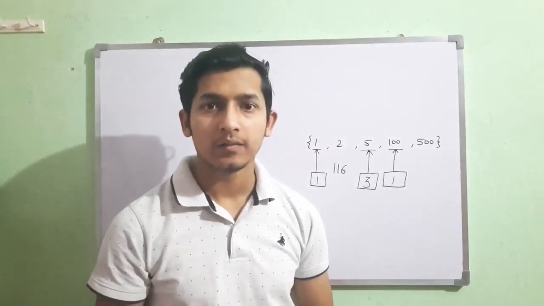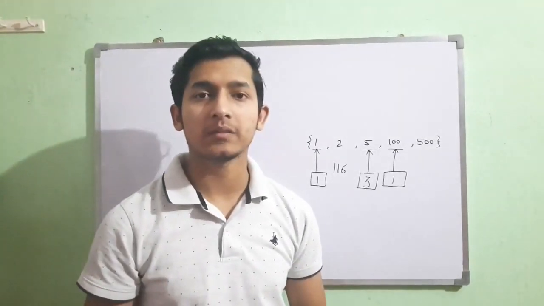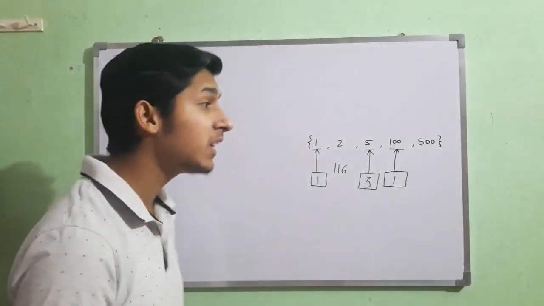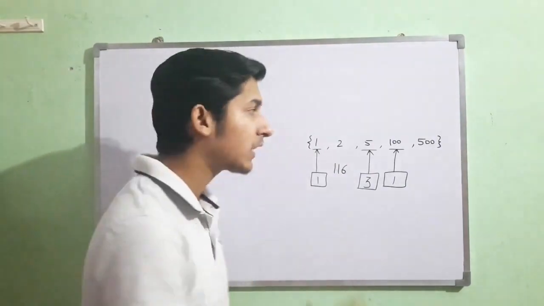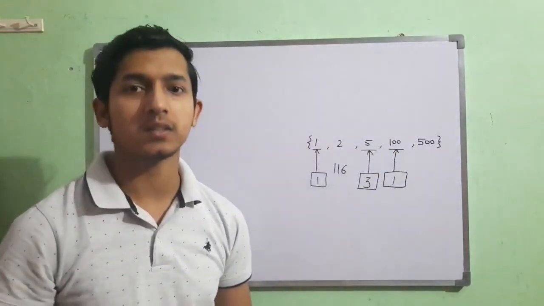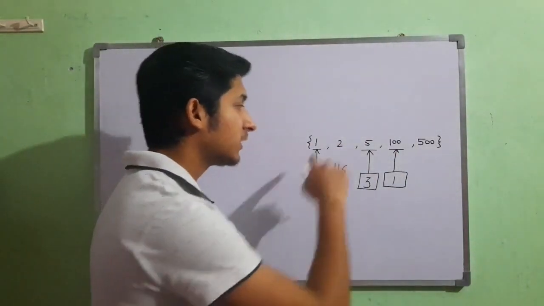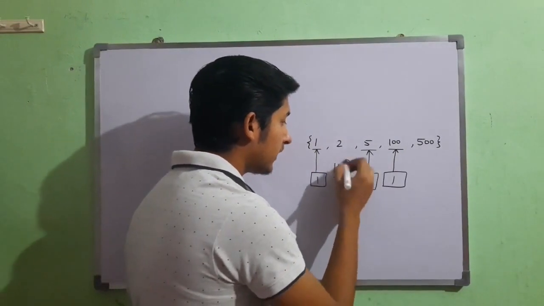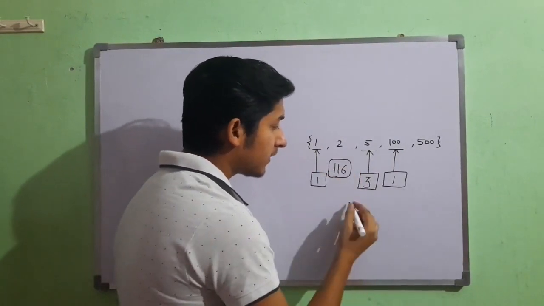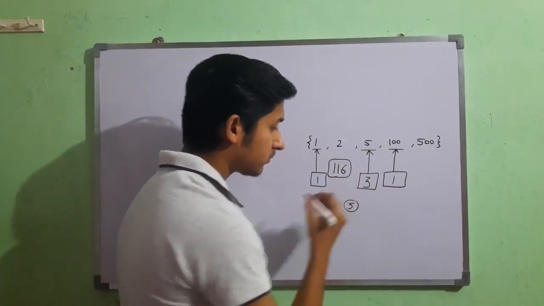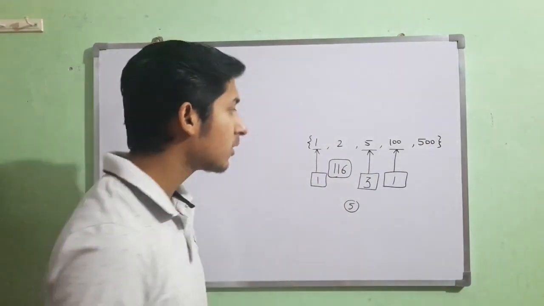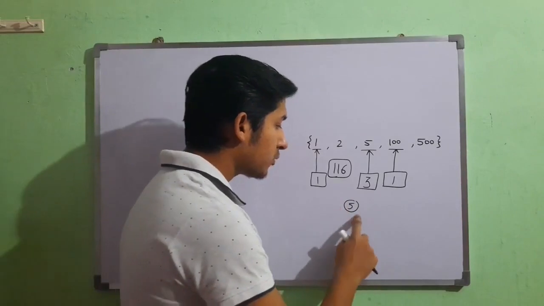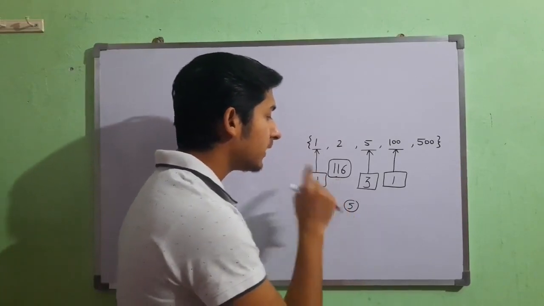That's why we come to the coin exchange problem, in which we have to calculate the minimum number of coins to carry a given value for a given system of currencies. For this value, 5 is the answer: the minimum number of bills or coins that I am to carry.